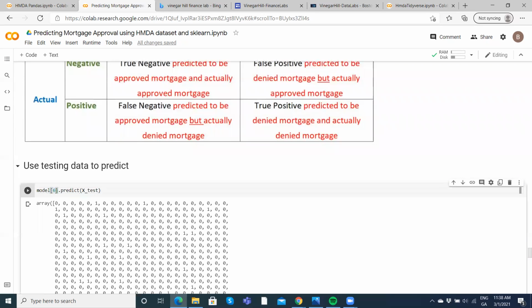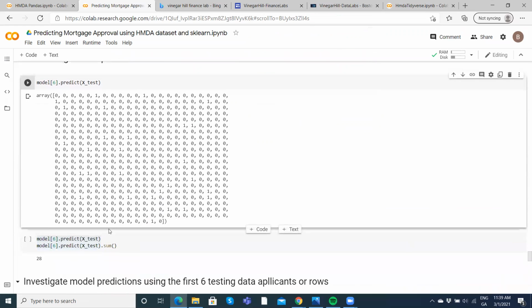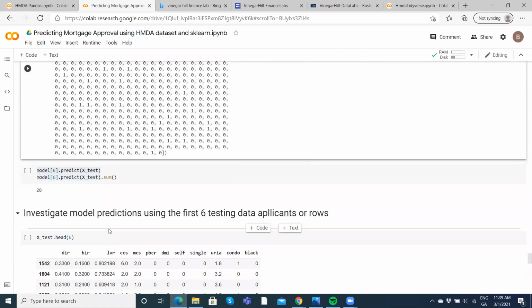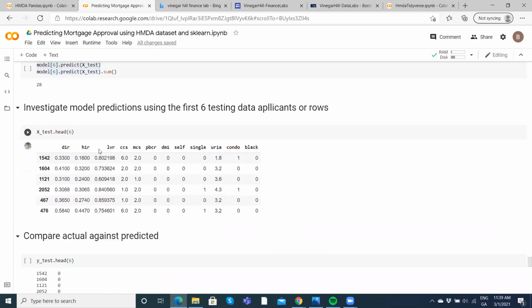But if I then do that with logistic regression, model 0, and predict, what we observe is the logistic regression is not as good at picking out. It's a little bit more conservative in terms of the mortgage approval. Let's go back to model 6, run that report again. Now we could compare against the actual data. Let's look at the first 6 and see from the testing data, was 6 actually denied mortgage?